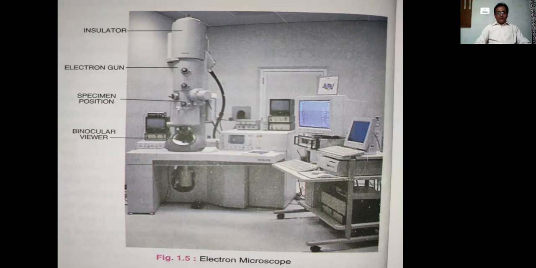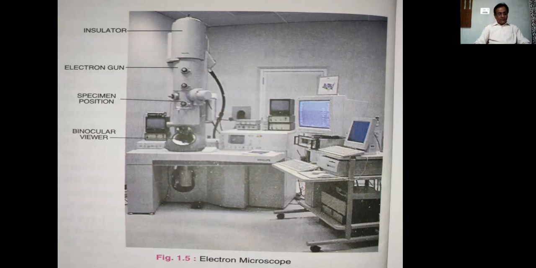As soon as the electrons fall on the cell of living things, the cell dies. But it is very important in observing very small things with great magnification, and it enriches our knowledge for studying the very small cell organelles found in the cell.